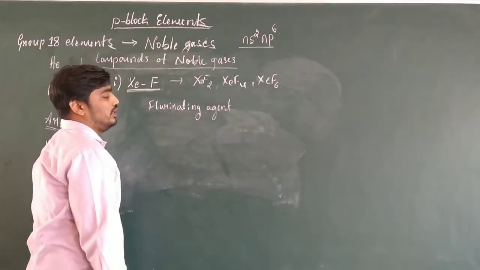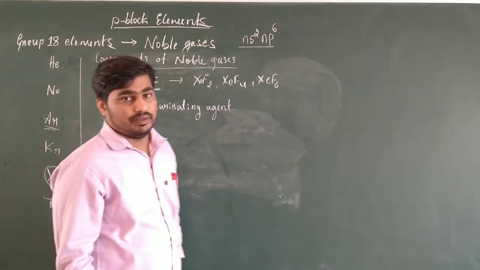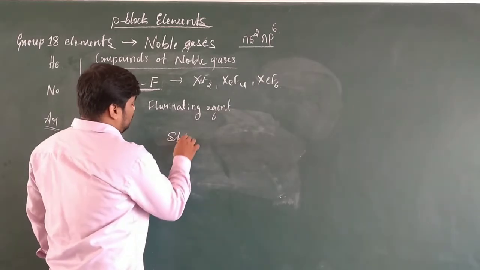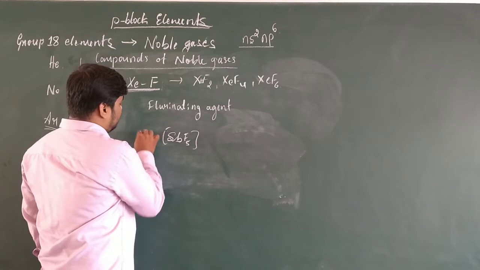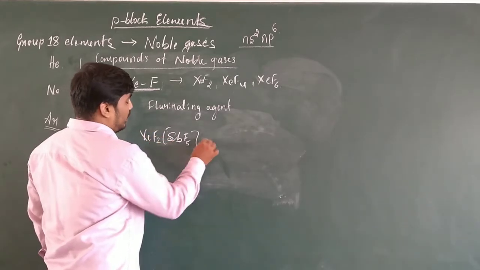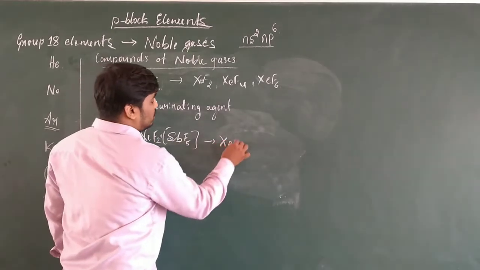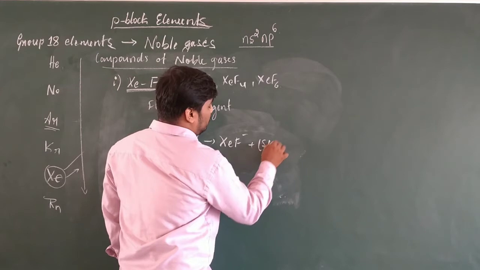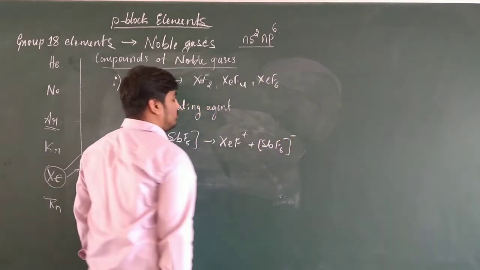These are fluorinating agents. So in the case of antimony, when antimony fluoride is treated with xenon tetrafluoride, then xenon fluoride plus and SbF6 minus form.